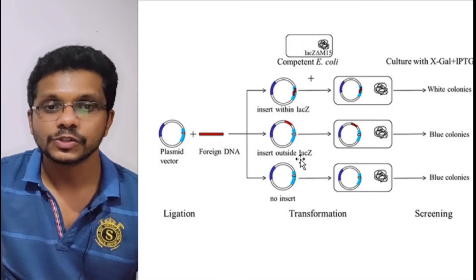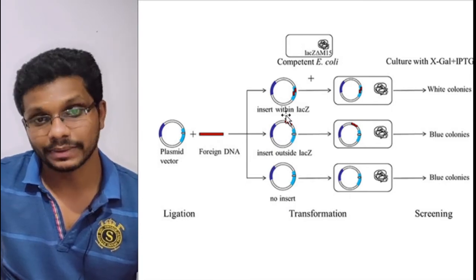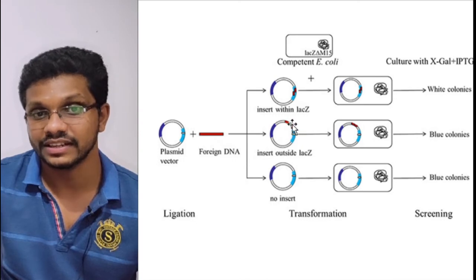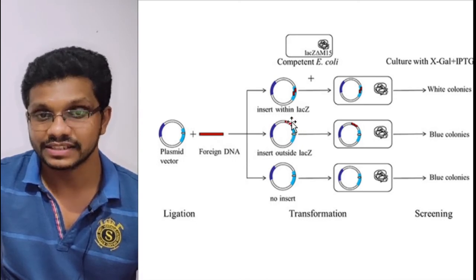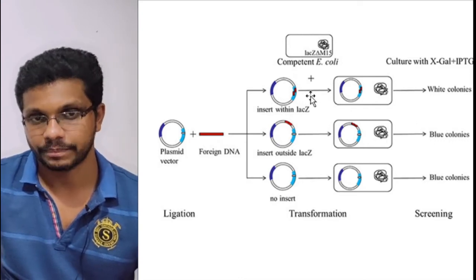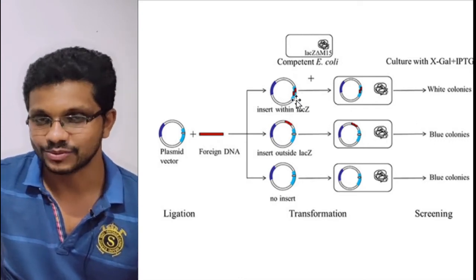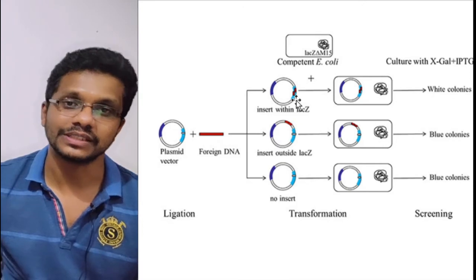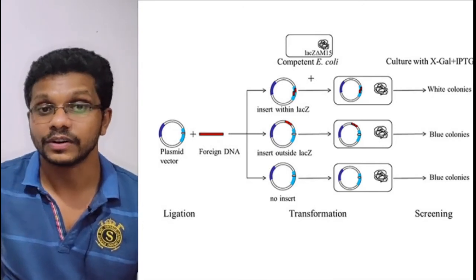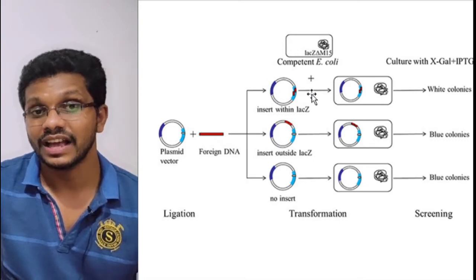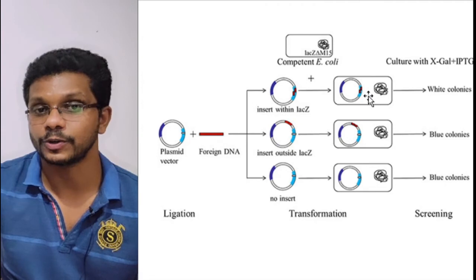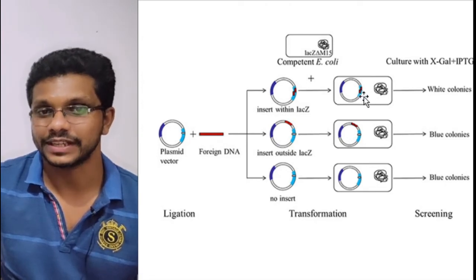If the insert is outside the multiple cloning site, in some cases, here we want to insert in the multiple cloning site, but if it is inserted outside, they will still produce functional beta galactosidase and they will be blue in color. But if the cloning was successful and we are able to insert our foreign DNA into the lacZ alpha gene, it will disturb the multiple cloning site, and this disturbance does not produce alpha peptide, so there is no complementation.